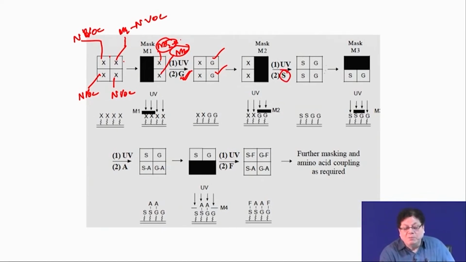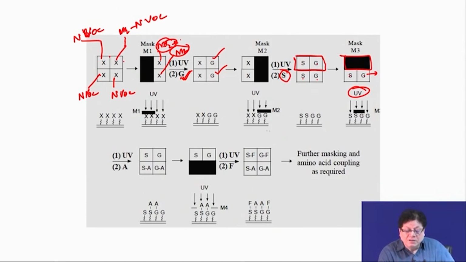So, now the plate will have GG SS. Now, you cover the S and G part, and you shine the light, because whatever amino acid you have attached to the amine is also protected as NVOC. So, G will now have free NH2 after shining of UV, and so there is a G and there is a S.